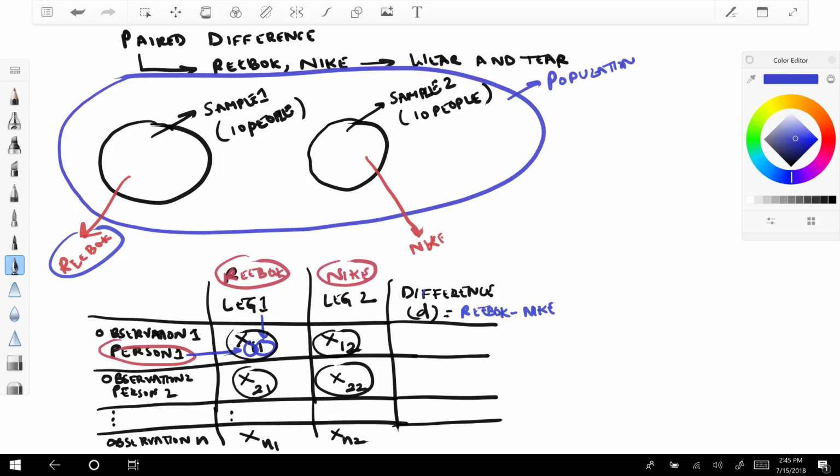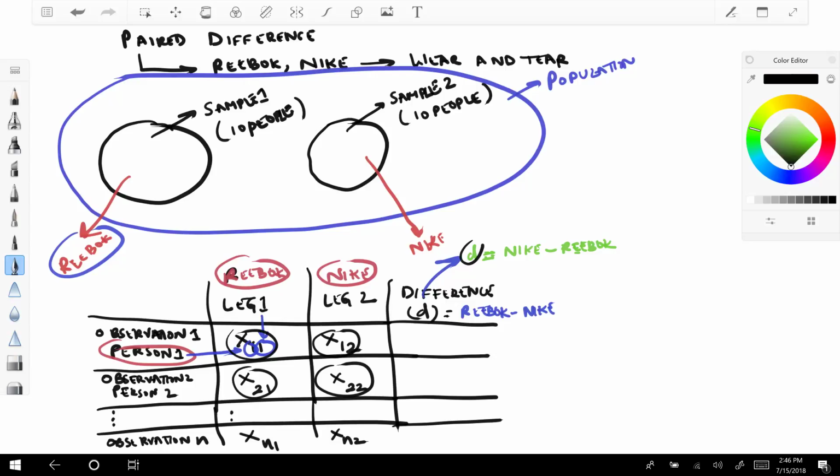However, we can also take the difference d as Nike minus Reebok. So it is very important how you define your difference. It's really important.